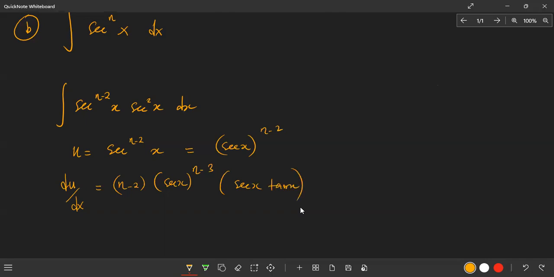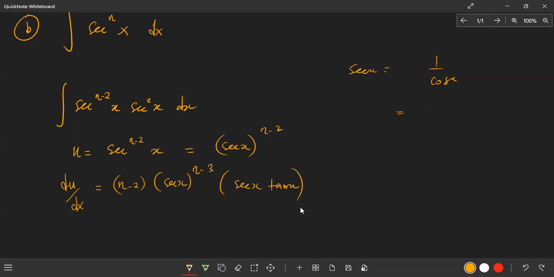How is sec x tan x the derivative of sec x? Remember that sec x is simply equal to 1 over cos x. So this can also be written as cosine of x to the power negative 1. Or if you like, you can use the quotient rule. How can you differentiate 1 over cos x?